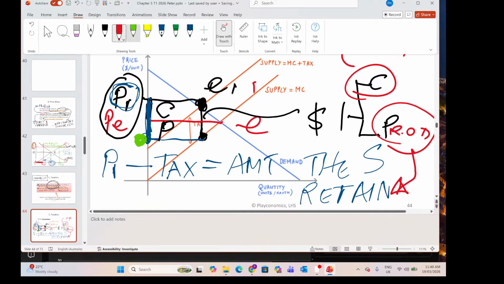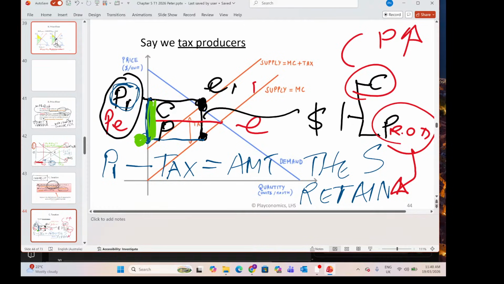Well, the party that's winning is the government, because the government keeps the tax, which is the vertical distance between the two lines, and every time someone buys a product, they pay that tax. So if this tax is $1 and this new quantity is, let's say, 1,000, the tax revenue would be $1,000. So the green rectangle is equal to the tax revenue.